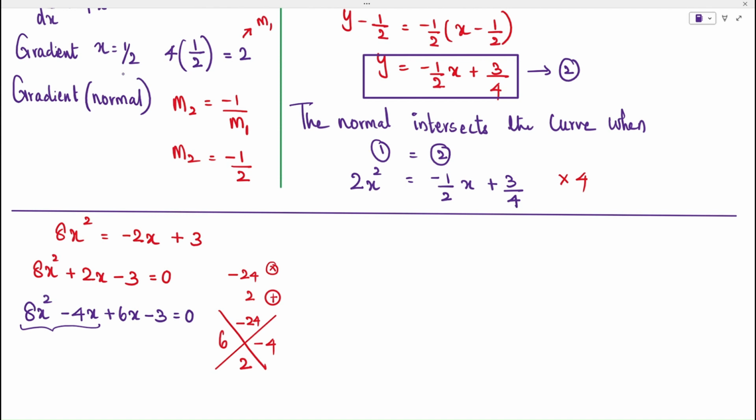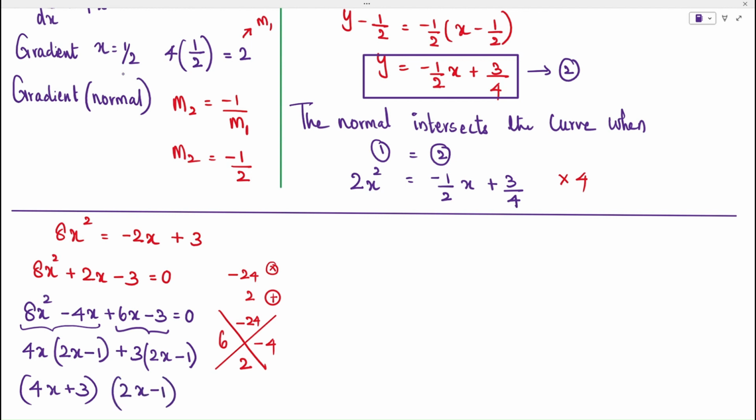So we can start by factorizing 8x squared minus 4x. So we get 4x out of the brackets, and we have that multiplied by 2x minus 1. And for our 6x minus 3, we can factorize out our 3, and we get 2x minus 1. This gives us two sets of values, so we get 4x plus 3 multiplied by 2x minus 1, and both of them are equal to 0.